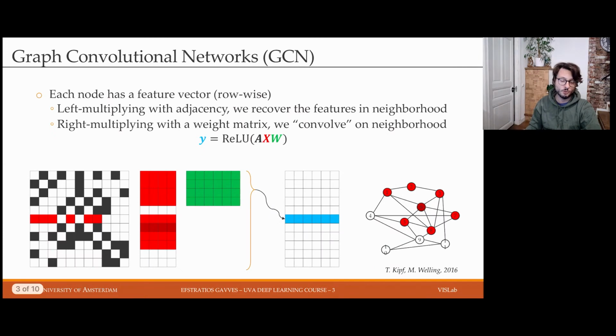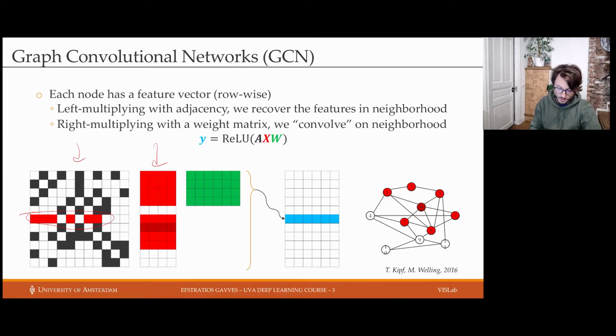So what graph convolution neural networks do, in short, is that they multiply the adjacency matrix with the node features, and in the adjacency matrix only the relevant neighbors are highlighted, right?